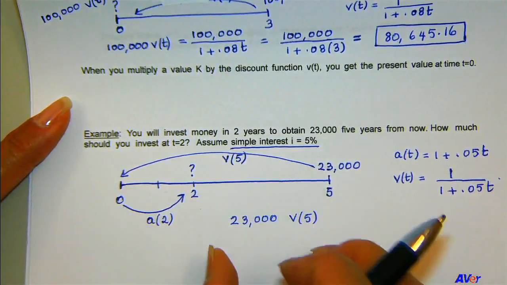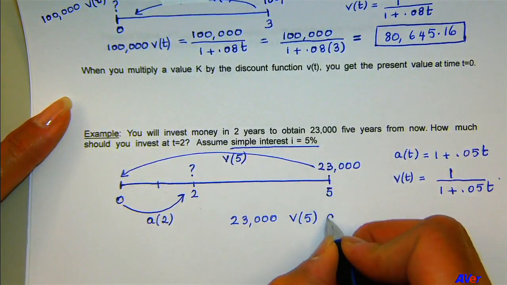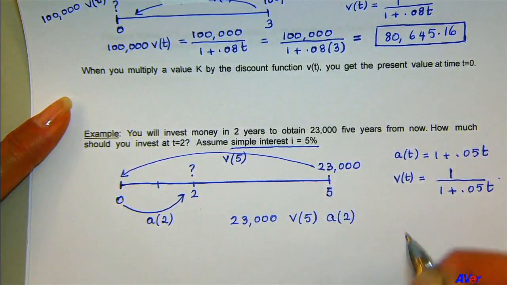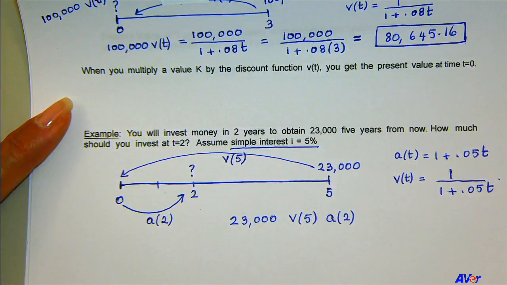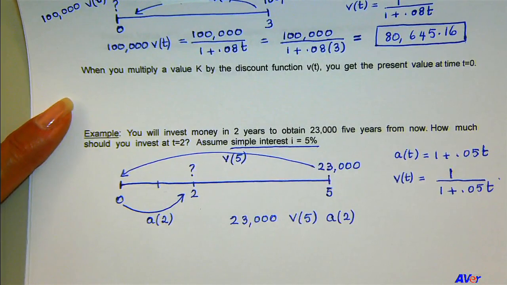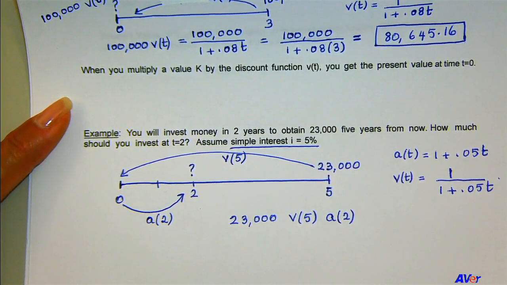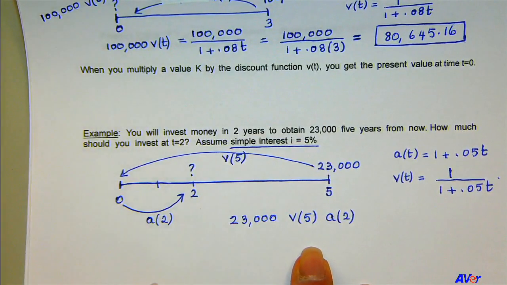And then to that amount, I will apply A of 2. Because A of t, listen to this carefully, is an accumulation function that tells you what you will have at time t for $1 invested at time 0. A of t cannot be applied beginning at time 2. You follow what I'm saying? So get me an answer to this, would you?